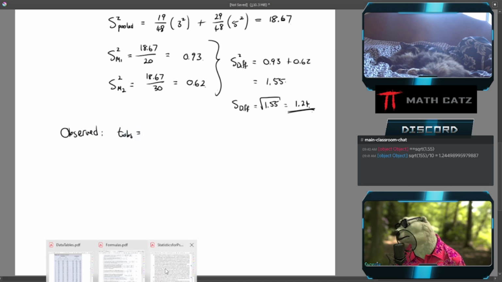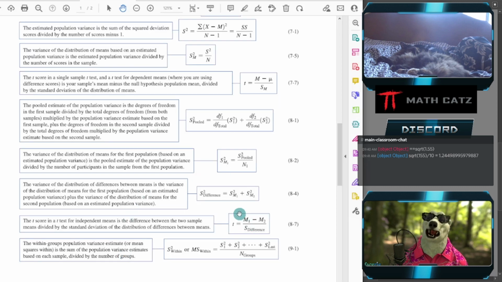That's going to be, per the formula, very similar to before. You have essentially the difference between the two sample means minus the difference between the two population means, but that's 0, so it's not included here.